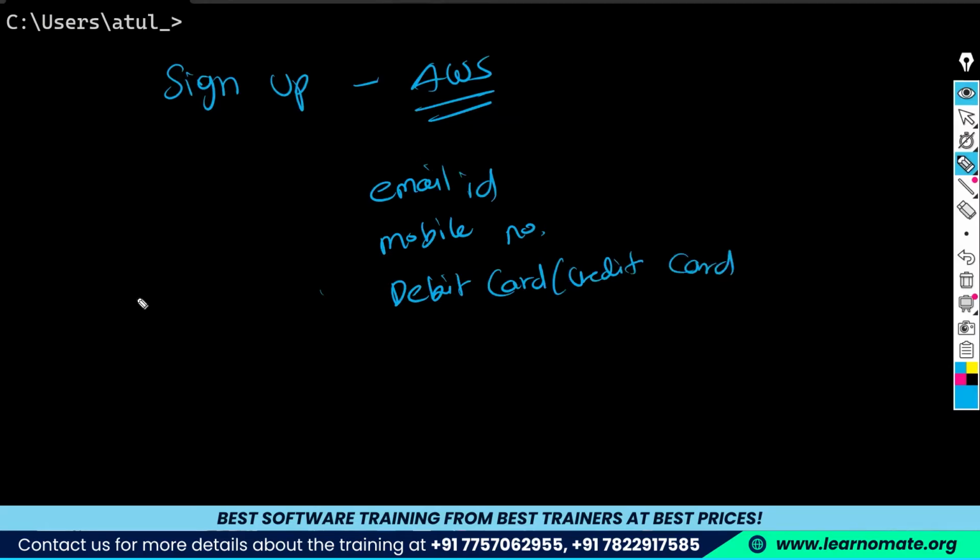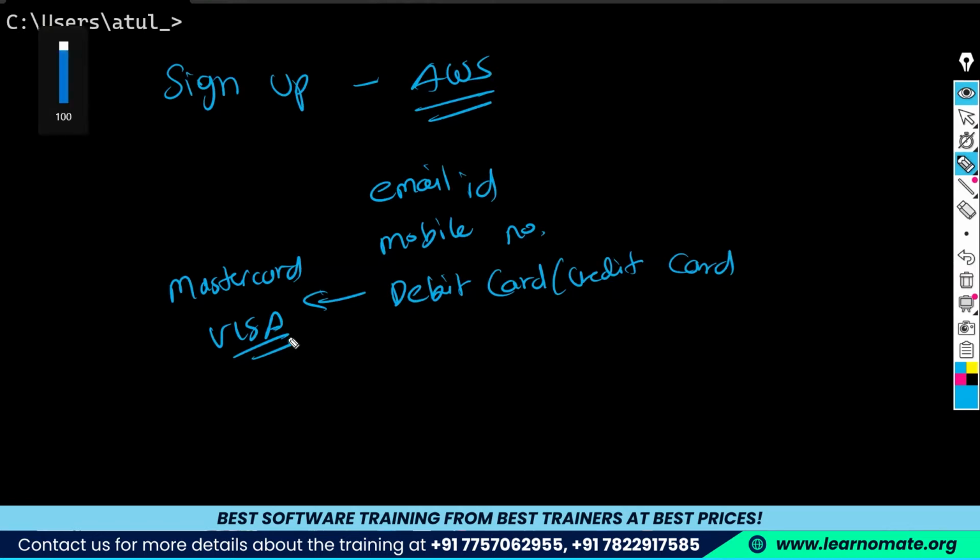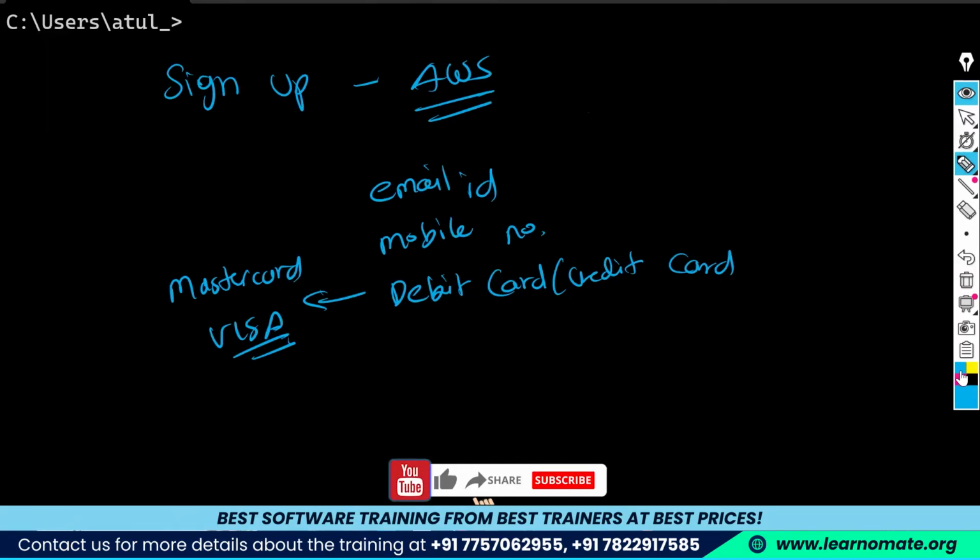You can prefer MasterCard or Visa. And make sure that in your banking app, international transaction settings are on. Then only can you sign up for AWS. If you are getting any errors regarding authentication, you can visit your nearest bank branch, or you can also check the banking app. After signing up for AWS, you will get your AWS account within 24 hours.